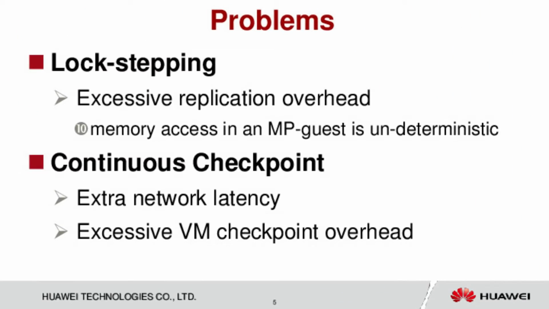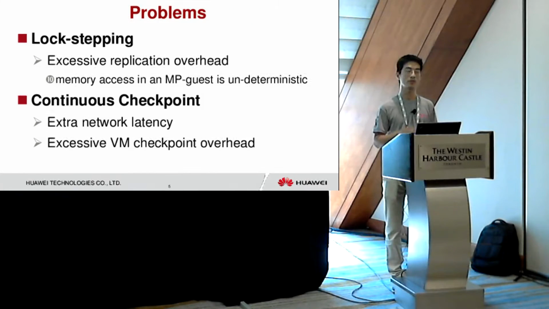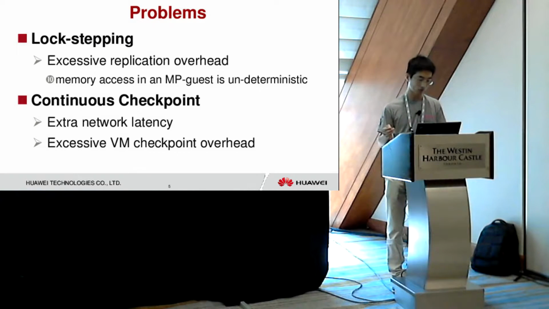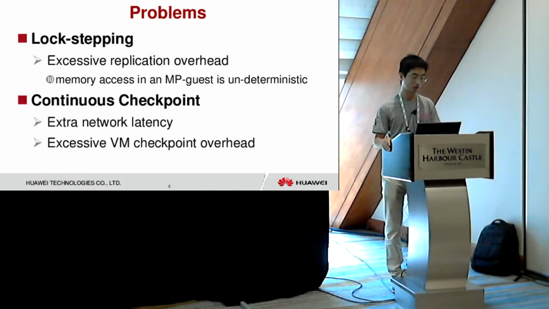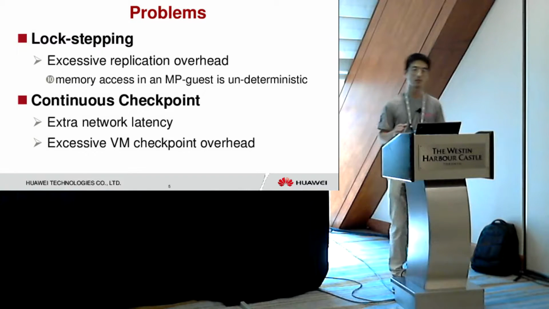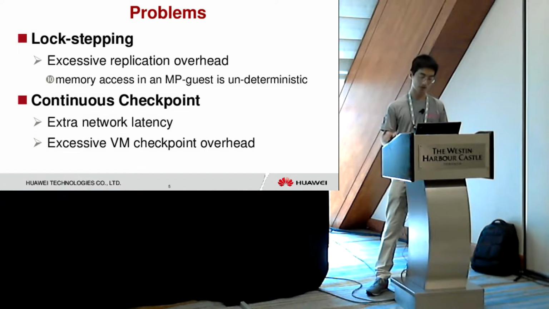Both of these VM replication approaches have some defects. As you can see from their principles, they all suffer from excessive overhead, I mean the VM checkpoint. So their performance is not good.